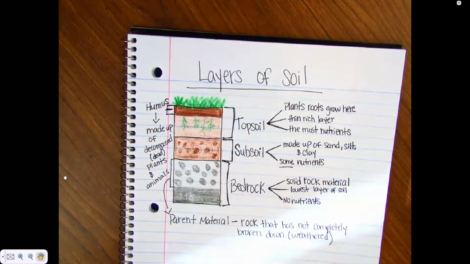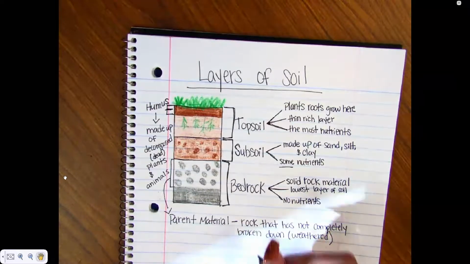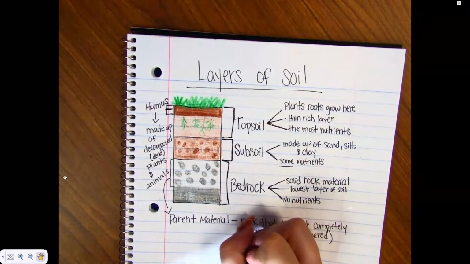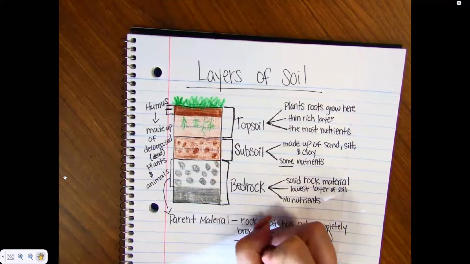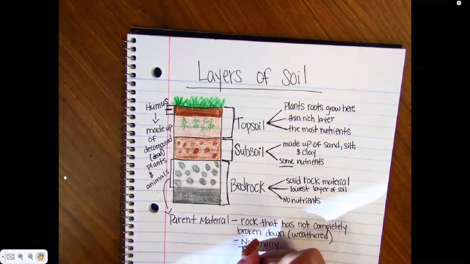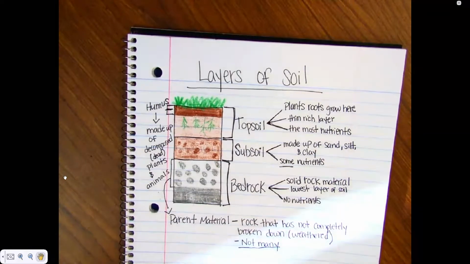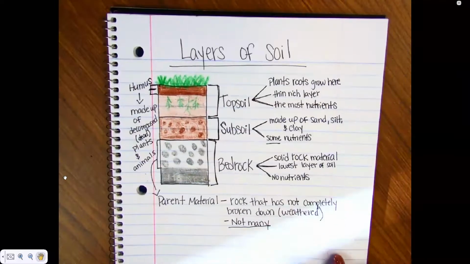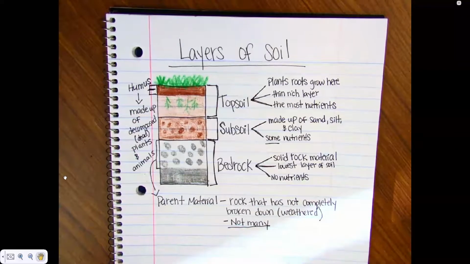So not many things live down here. Not many, meaning there are some things that will live down here. So I'm going to put not many, okay? And I want you to underline that, not many, meaning you will have some insects that might try and live down there.